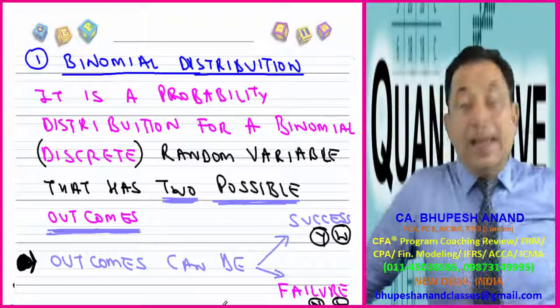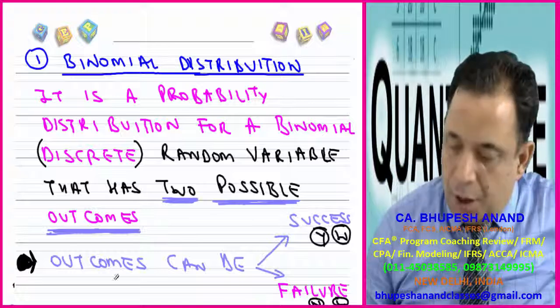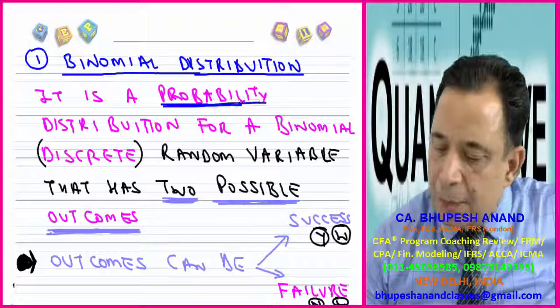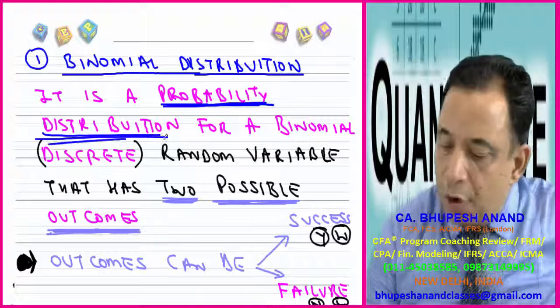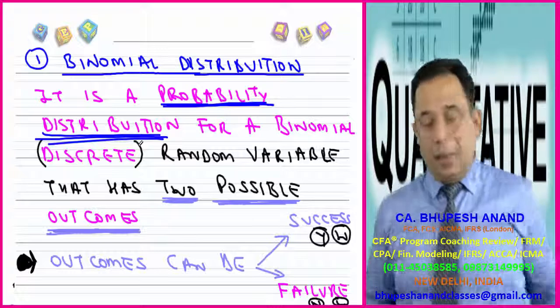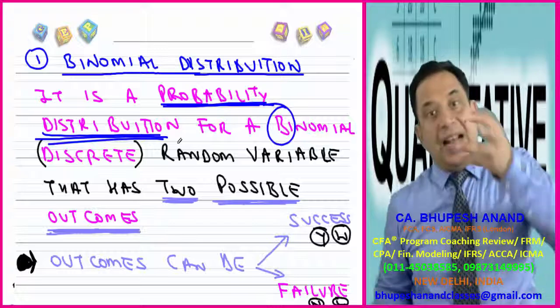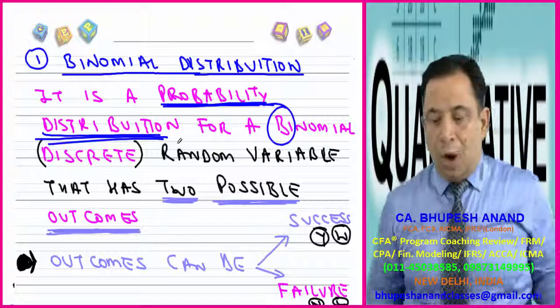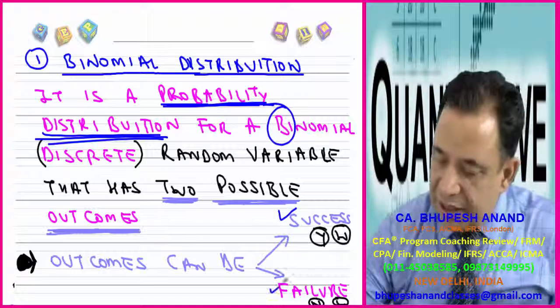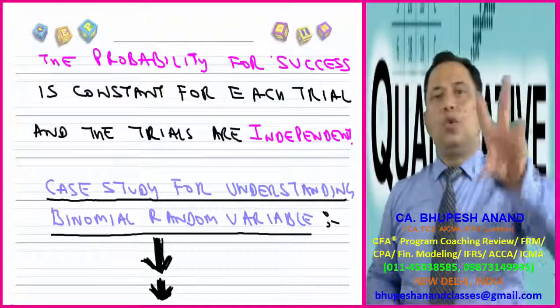It is a probability distribution for a binomial random variable, a variable which has two possible outcomes. Outcomes can be success, failure, yes, no, win, lose.